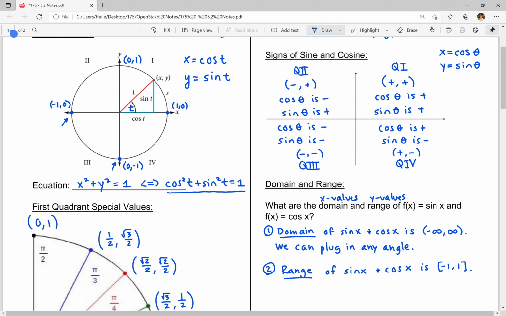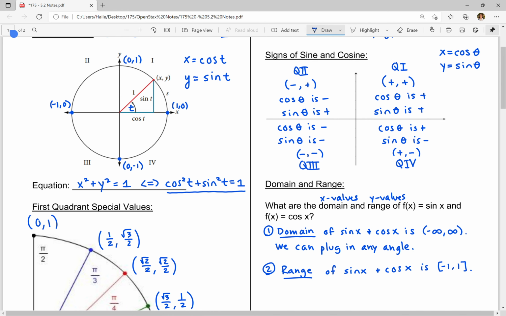So what that's telling us is if we go slightly to the left or slightly to the right of those points, we're not going to be at -1 anymore. We're going to be at something slightly bigger. So that means all of our values have to be between -1 and +1.